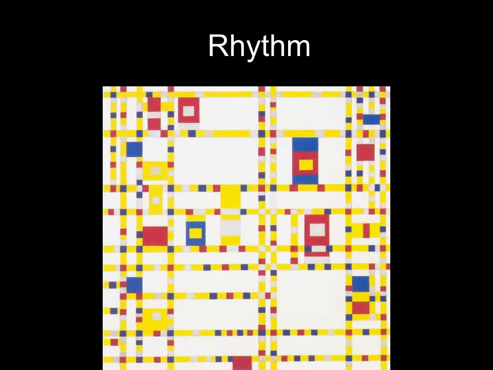Next, we're going to look at the principle of art, rhythm. Rhythm can be referred to as music and dance. So the natural rhythms of the earth, the seasons, the cycles of the moon, poetry, it all refers to rhythm.